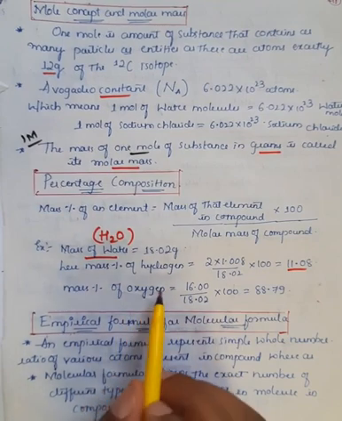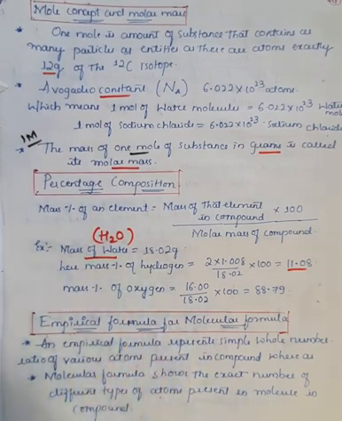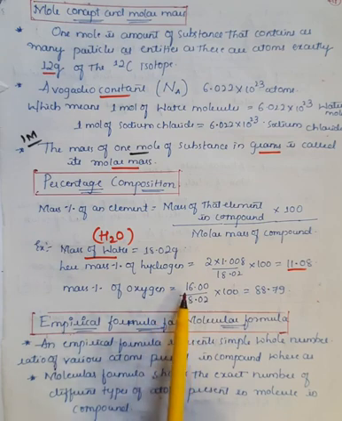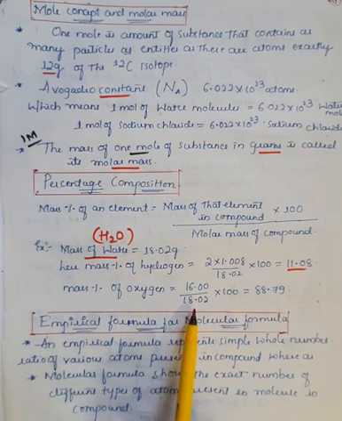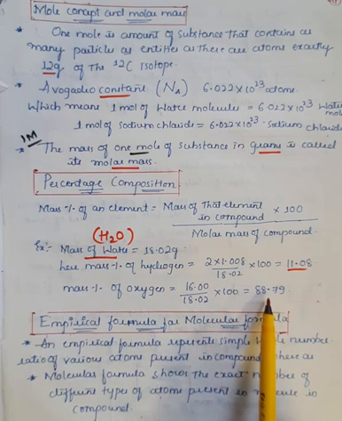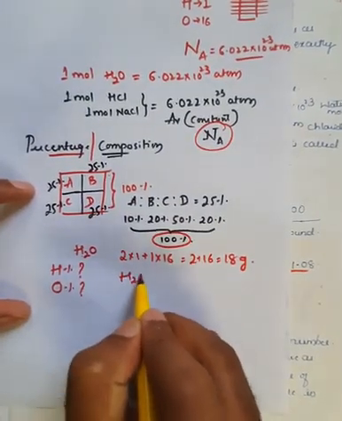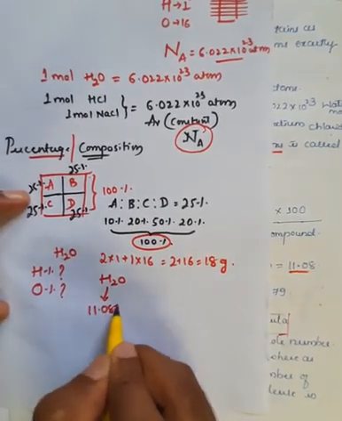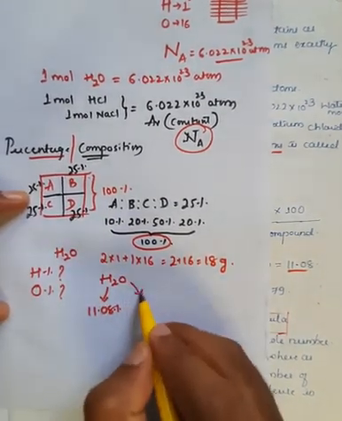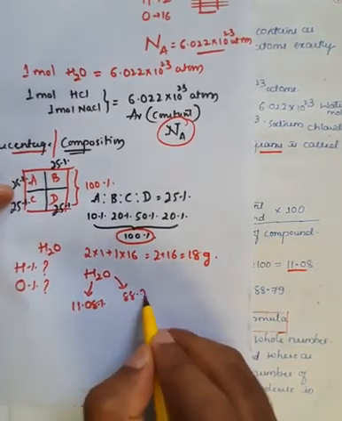Similarly, the mass percentage of oxygen: the overall weight of oxygen is 16 because only one oxygen is present, so 1 into 16 is 16, divided by the total weight of the molecule, 18.02, into 100, which is equal to 88.79. So in the water molecule, the percentage of hydrogen is 11.08% and the percentage of oxygen is 88.79%.